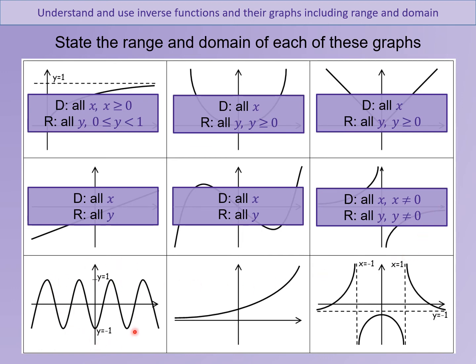This graph, hopefully you looked at this and thought, well, it's a bit like sine and cos. I would agree, it is like sine and cos. It's close to cos because it's got that reflection in this line, but because it's upside down, it would be a negative cos graph. Now for the cos and sine graph, not the tan graph, you can put any values into it. Any values work. Assign whatever numbers you like.